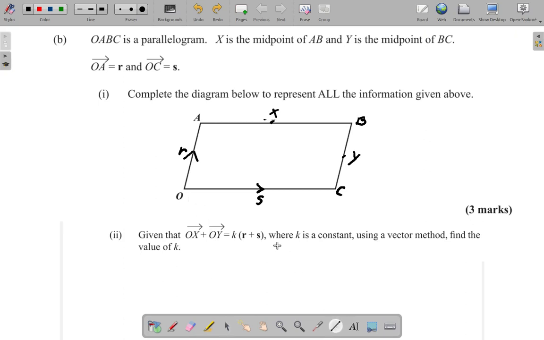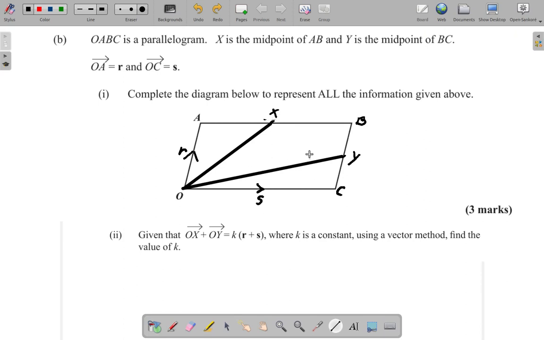Let me draw a line to represent OX, from O to X, plus O to Y. Now what would that give you?